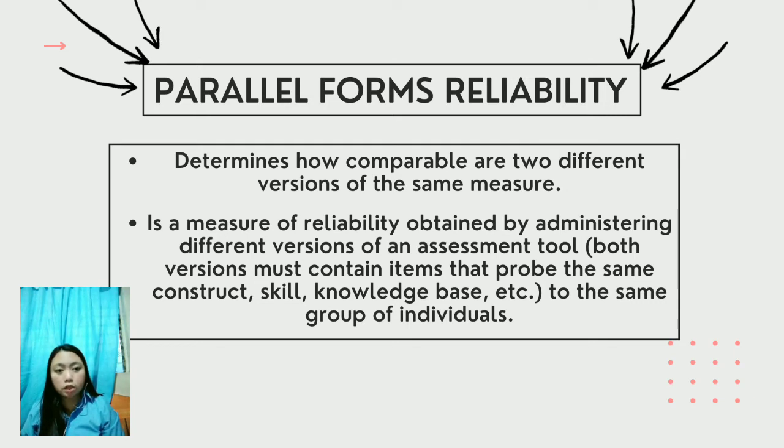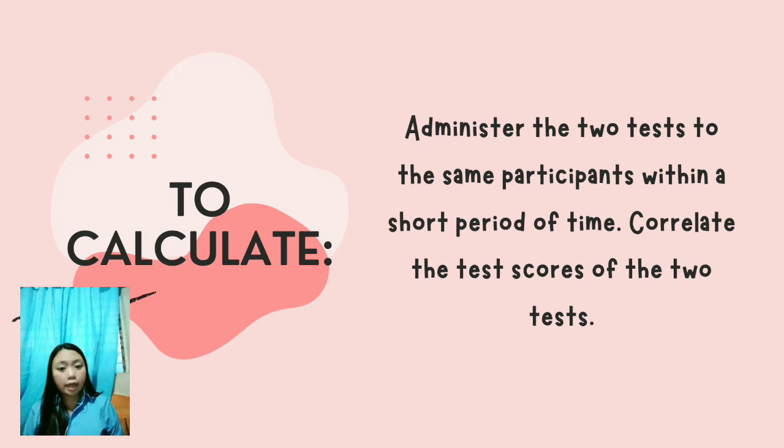Both of these versions must contain items that probe the same construct, skill, knowledge base, and so on, to the same group of individuals. To calculate the parallel forms reliability, we have to administer the two tests to the same participants within a short period of time, then correlate the test scores of the two tests.